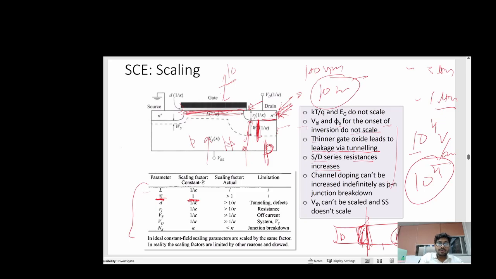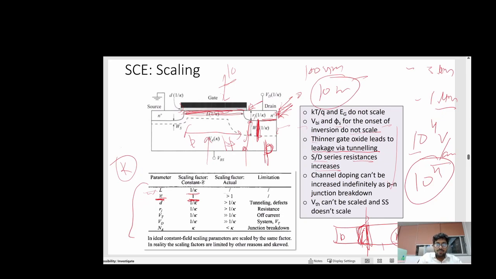Now if any length in this channel, let us say this is the channel length, you are scaling this by a factor of k. So length you have decreased by k.